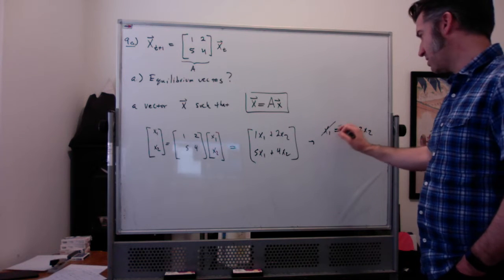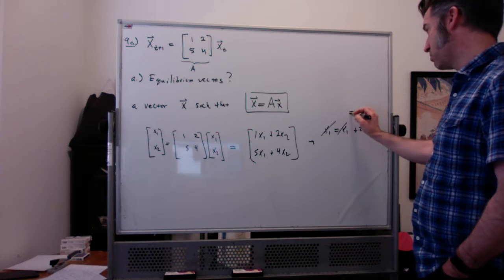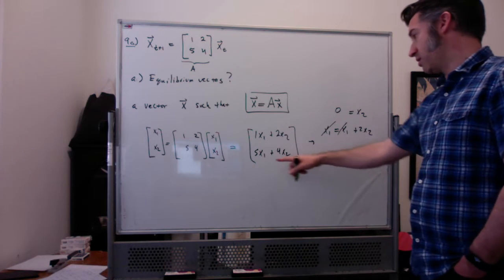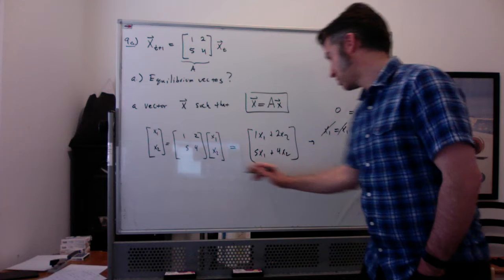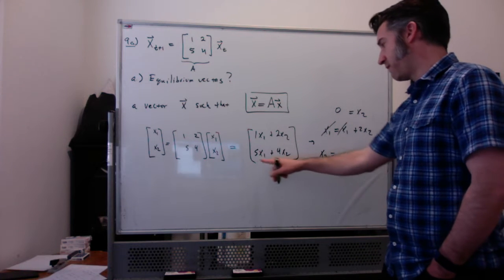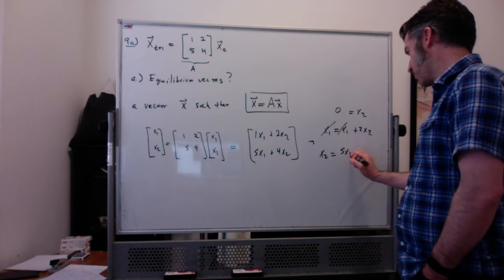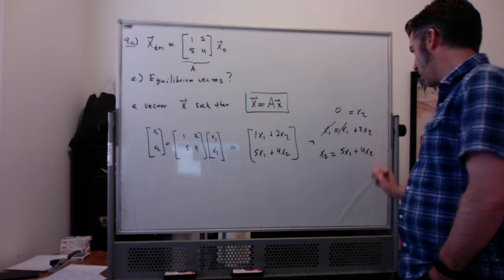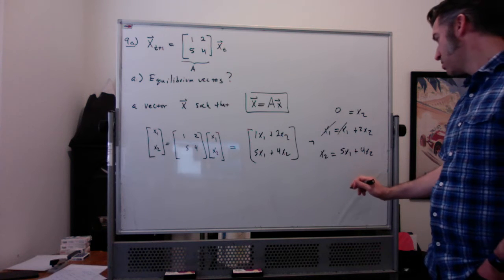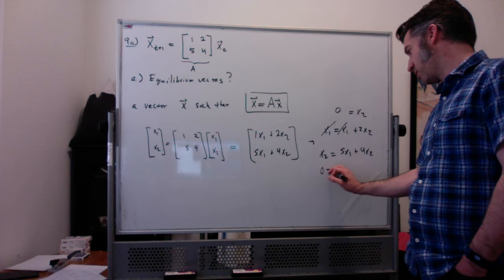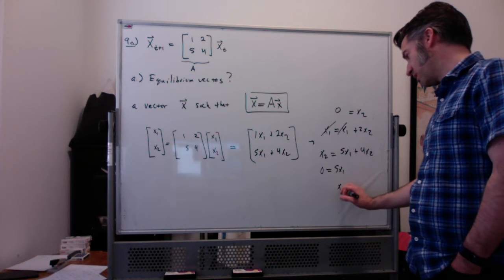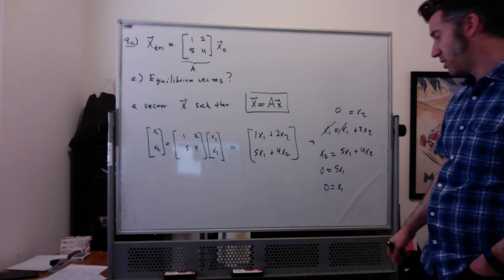The x1's cancel and you get x2 equal to 0. Okay, and then in the second equation you have x2 equal to 5x1 plus 4x2. But x2 is 0, so we're left with 0 equals 5x1, which means x1 is also equal to 0.